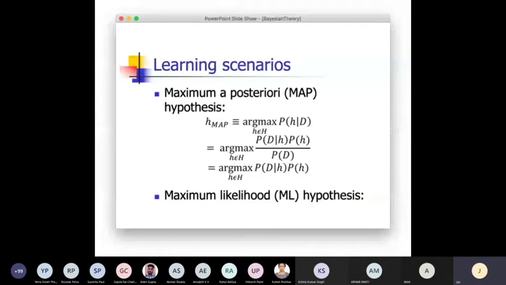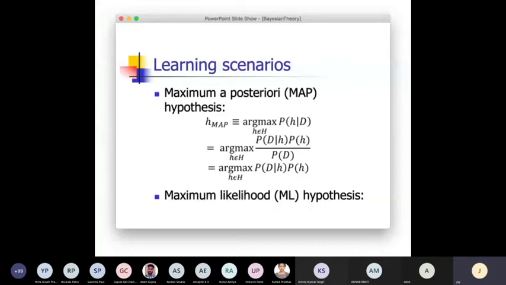So let us first consider this expression. As I mentioned, we are trying to maximize the posterior probability of a hypothesis. If I have to choose from a set of hypotheses, I will choose the hypothesis which has this maximum probability.